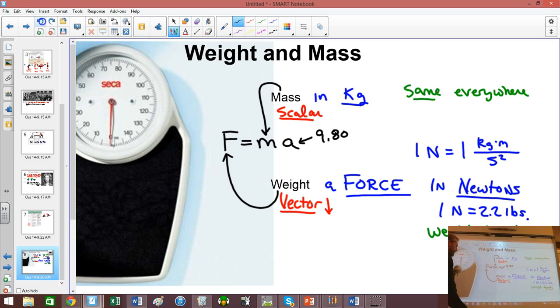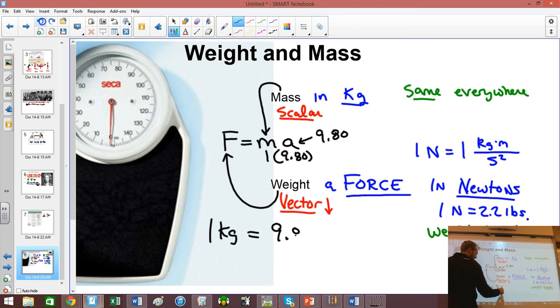Let me give you an example. 1 kilogram, that's a mass. 1 kilogram times 9.80 equals 9.80 newtons. Like that. 1 newton, I put a 1 over here, and acceleration still equals 9.80.